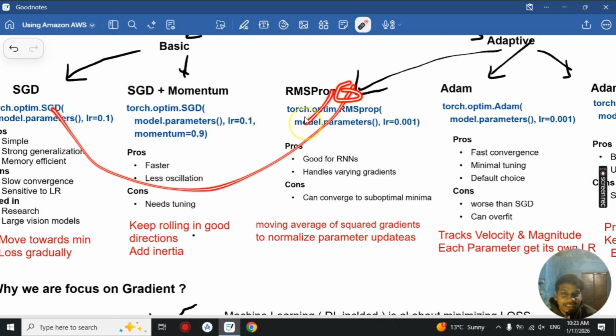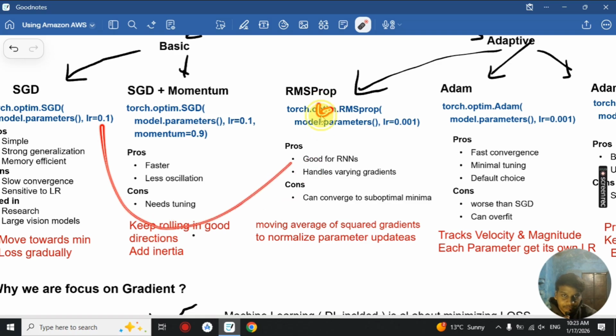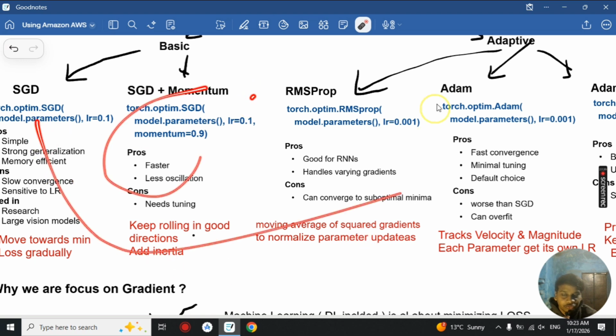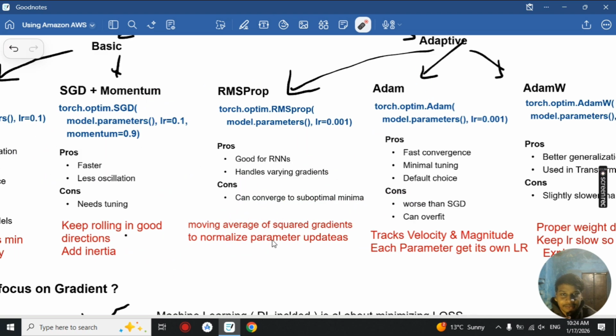So it basically adds an inertia towards our minima, okay. If the loss is good, it will add a higher momentum, and in that way we will reach our minima very fast, okay.